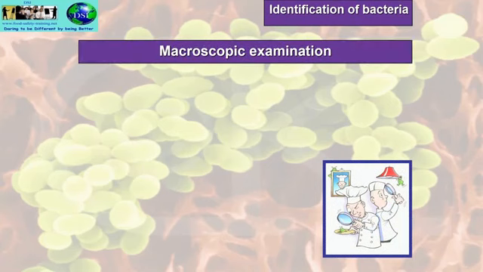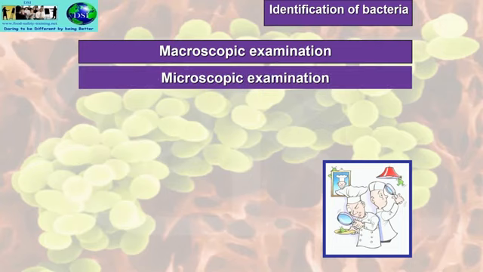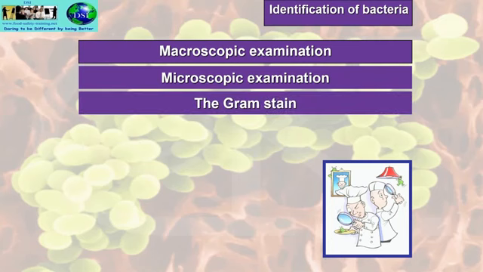Now, how do we identify bacteria? Well, we can use macroscopic examination. This is large-scale examination, if you like, by seeing them grown in colonies on agar on petri dishes. Microscopic examination, obviously using a microscope. Using something called the Gram stain.